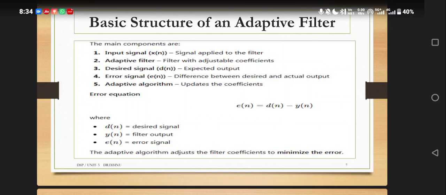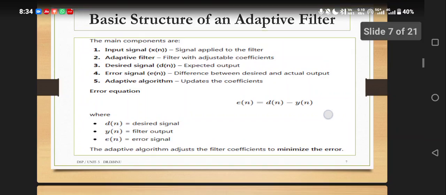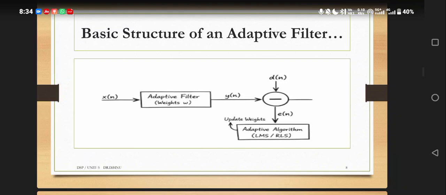The basic structure of an adaptive filter. It consists of input signal x(n), adaptive filter, desired signal d(n), error signal e(n), and adaptive algorithm. The error equation is e(n) equals desired signal minus filter output. The basic structure of an adaptive filter is represented in a block diagram.